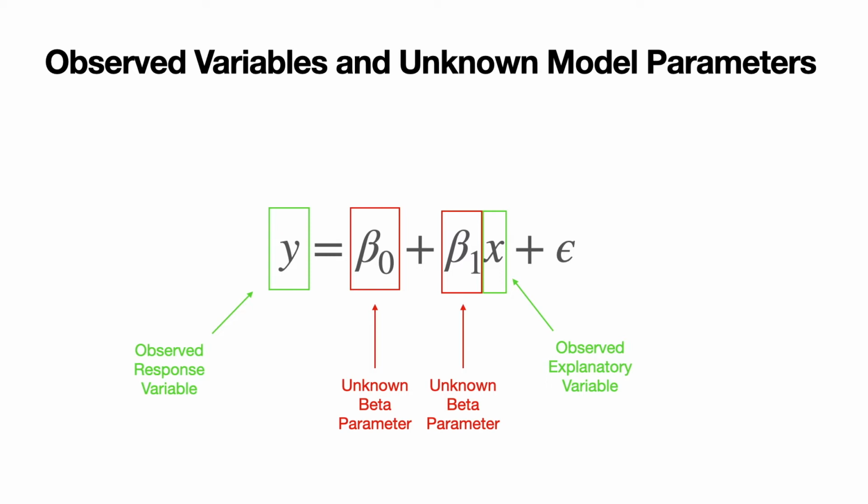So beta 0 is the intercept of the deterministic part of the model, and that parameter is unknown. Beta 1 is the slope coefficient in that deterministic part of the model, and it's unknown as well. Now the epsilon, that is an unobservable random variable, and the variance of the error term, as we know, is sigma squared.